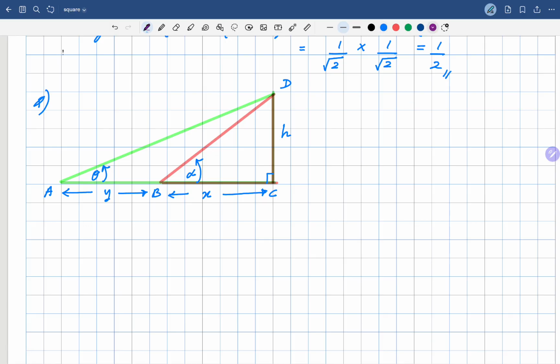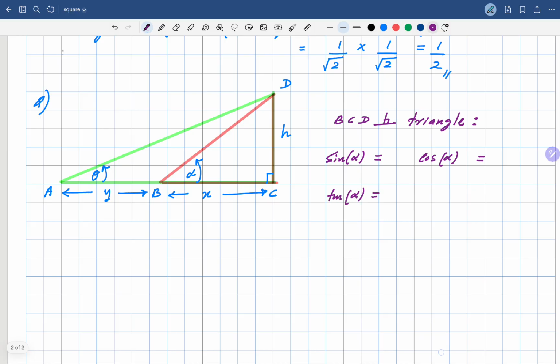Let's think about the BCD triangle. I would say BCD right angle triangle. If you use that triangle, you can define sine alpha, cos alpha, and then tan alpha.